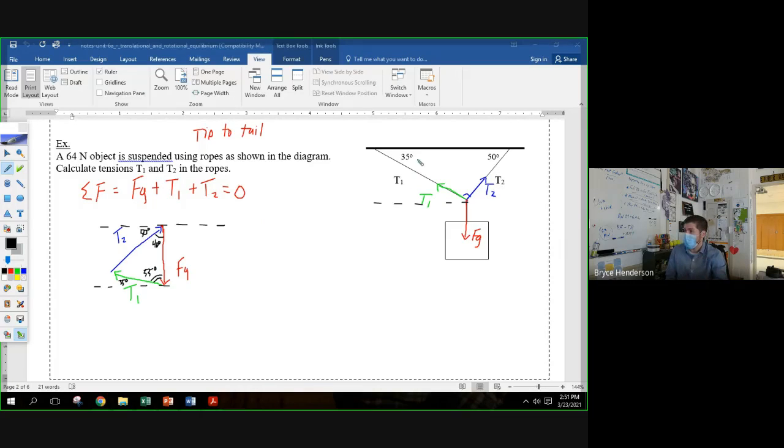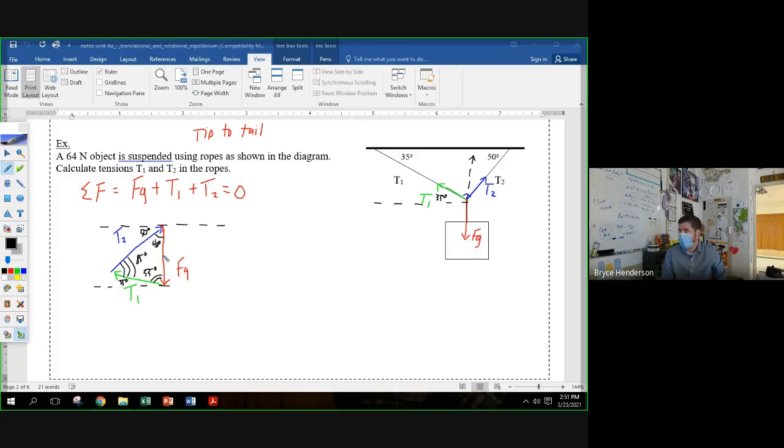Because of alternate interior angles, this would be 35 degrees here, which means the angle between my perpendicular FG and this would have to be, if you extend this up, 90 degrees total, which means 90 minus 35 for 55. And that leaves us finally here with how much? We would do 180 minus 55 minus 40. So how much would I have left over? 85, yeah.